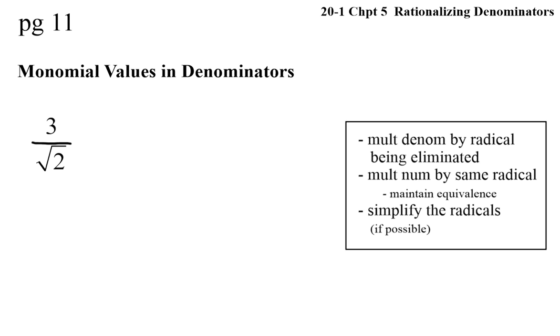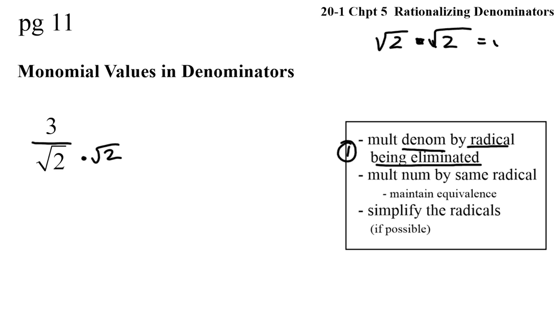Well, the first thing we're going to do is we are going to multiply the denominator by the radical being eliminated. We want to get rid of a root 2, so we're going to multiply by root 2. This goes back to the multiplying lesson because anytime I have a radical and I multiply it by itself, well, if I show all the steps, multiply the radicands, root 4 is really just 2.